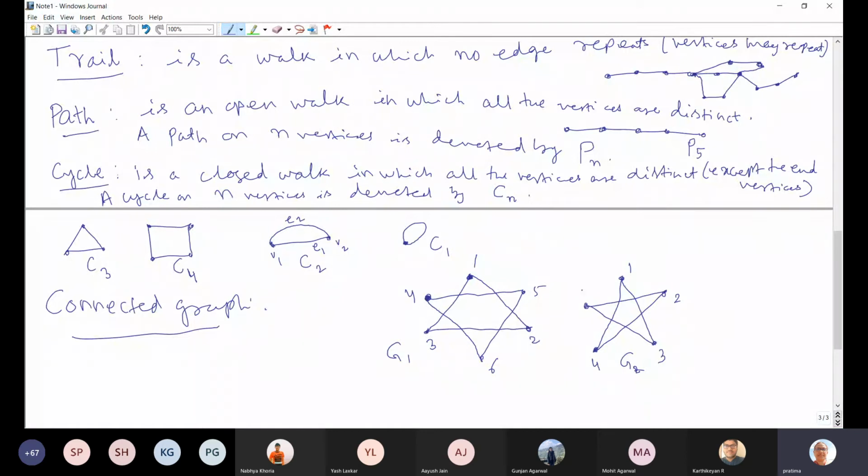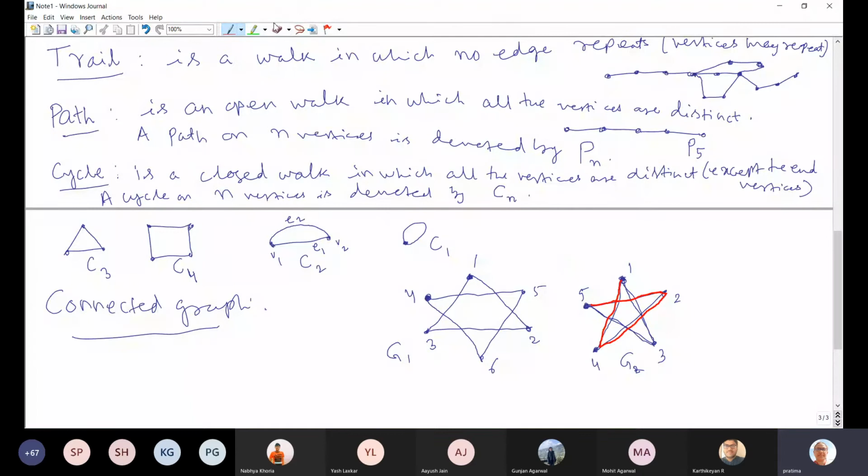From vertex 1 to vertex 5 we have a path, and also more than one path, another path here, right?